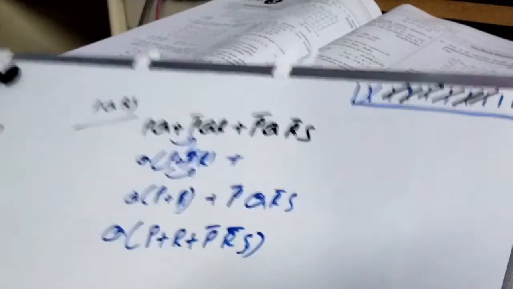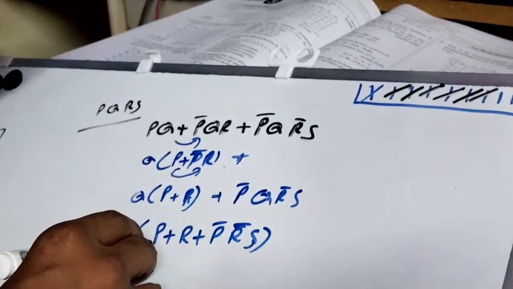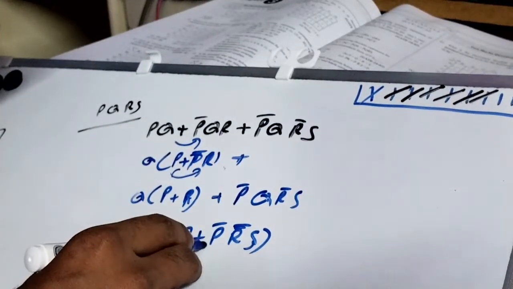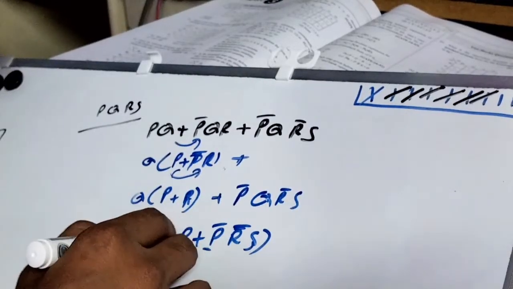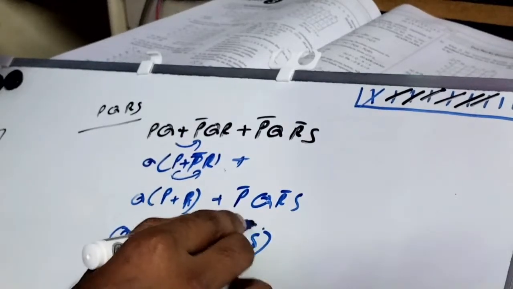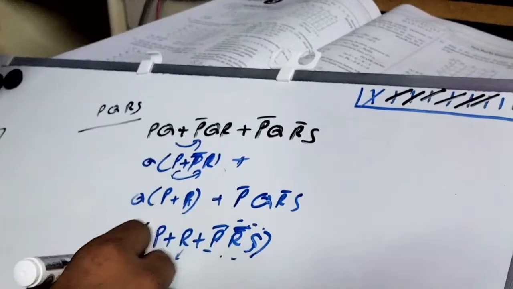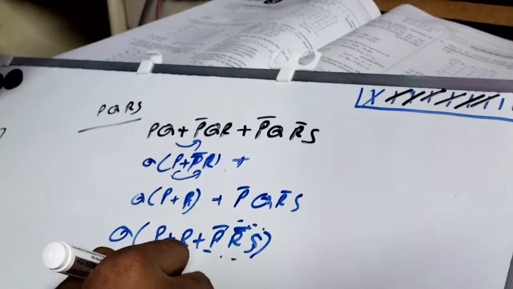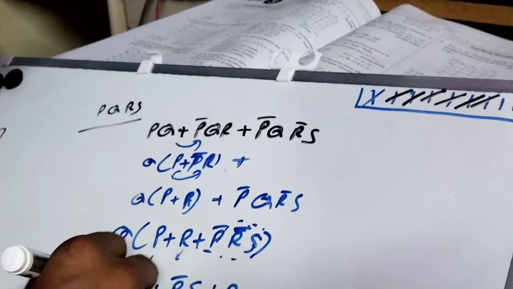What do we have to do? If you don't understand, consider this term as one single term. It becomes P plus R bar S plus R, and Q is there.